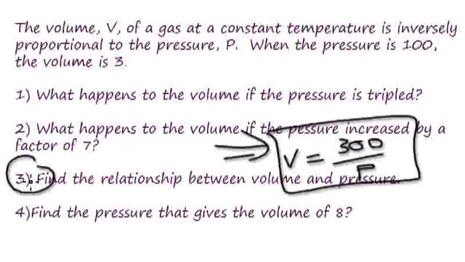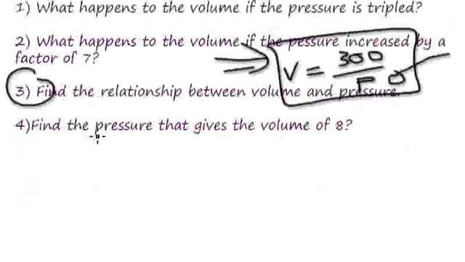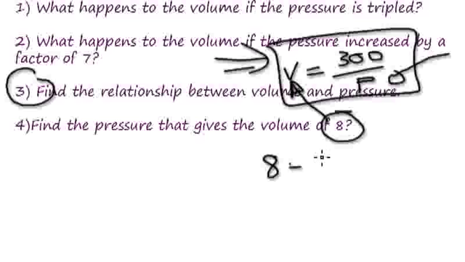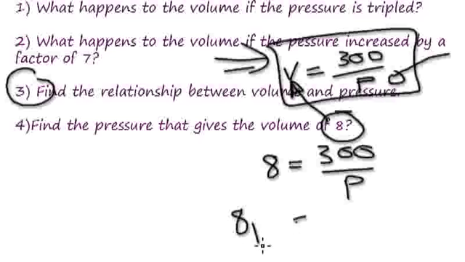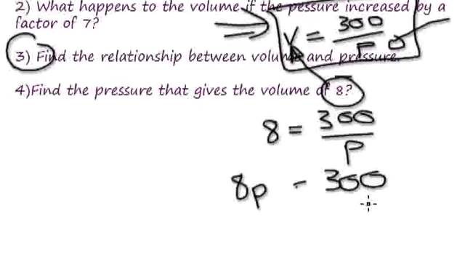Okay, question 4 is find the pressure that gives a volume of 8. So now we want to work out P when the volume is 8. So put the 8 into the volume here and work backwards to find out P. So 8 equals 300 over P. Times both sides by P, so that will be 8P equals 300, and then divide both sides by 8.